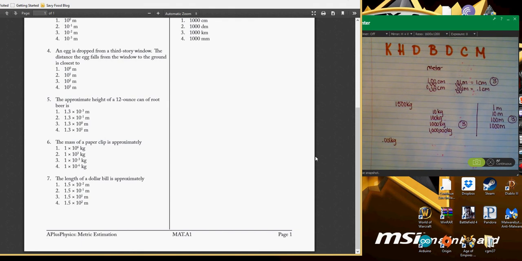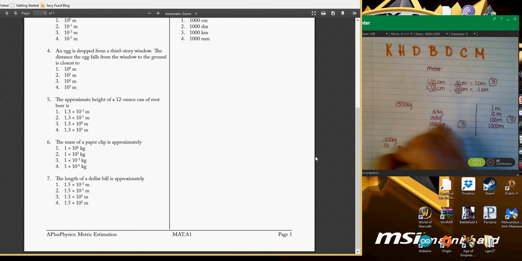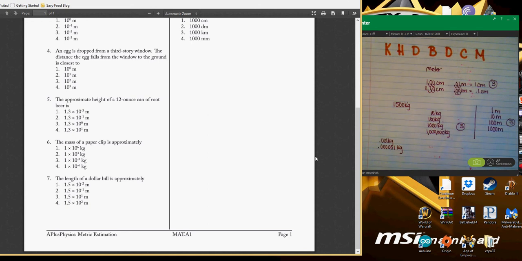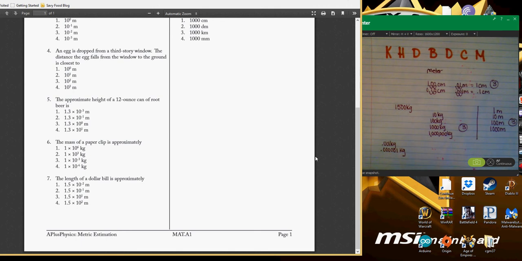And then the other option for the paperclip is 0.00001 kilograms.